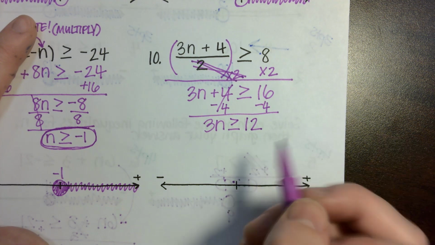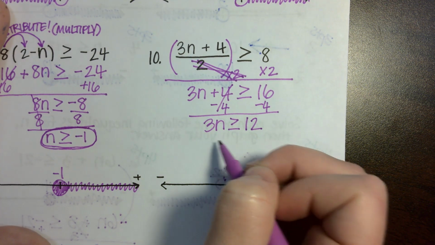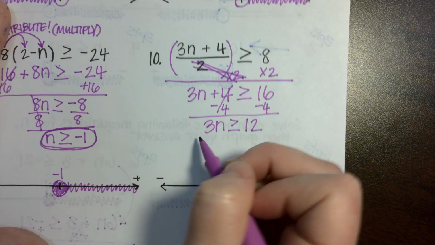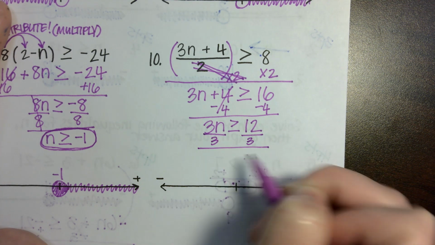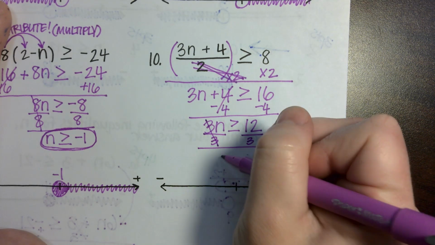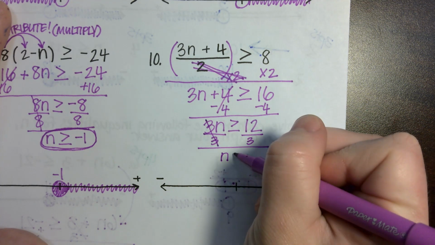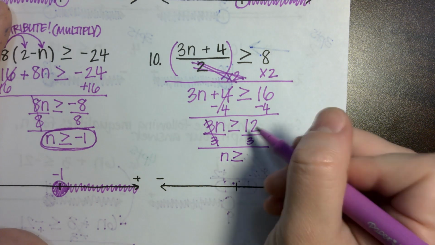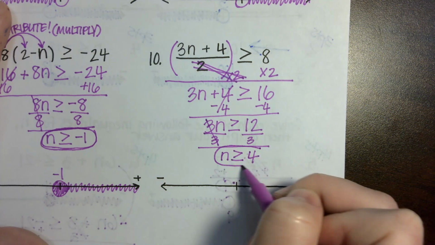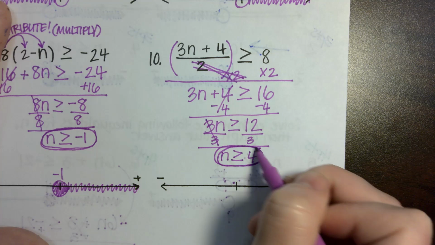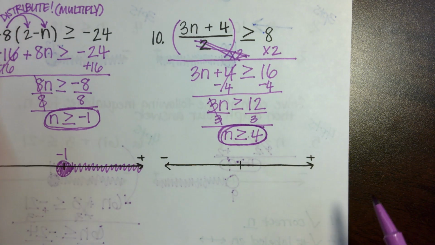One more step. What do I do here? Good. Divide by 3. Those 3's cancel, and I'm left with n is greater than or equal to, what's 12 divided by 3? 4. N is greater than or equal to 4. So we circle that answer for n.